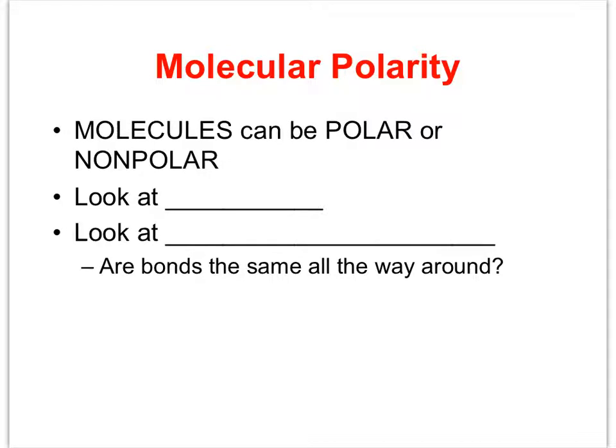So, just like bonds can be polar or nonpolar depending on who is bonded together, whether they are the same nonmetal, it's nonpolar, or different nonmetals, it's polar, molecules can also be polar or nonpolar. So for this, you have to look at the shape, which is why drawing these is so important. You also have to look at the distribution of electrons.